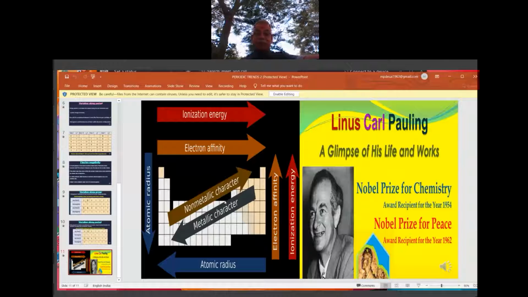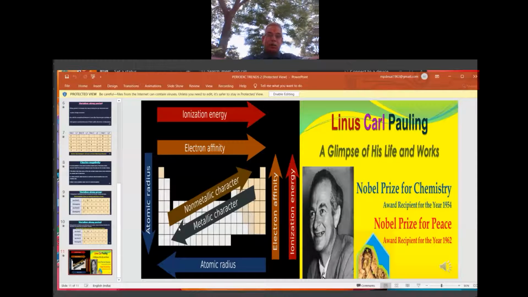And the metallic character increases whether you move from right to left or diagonally. So the best metals you will find at left bottom. In between, the d-block is also there, which are also metals only, but the best metal is at left bottom, and the best non-metal at right top.